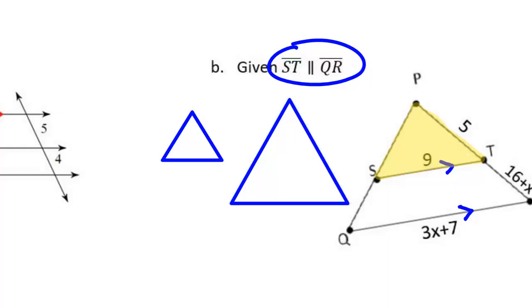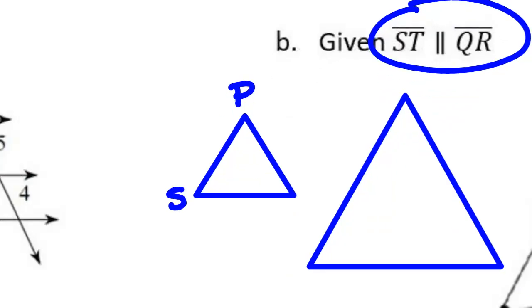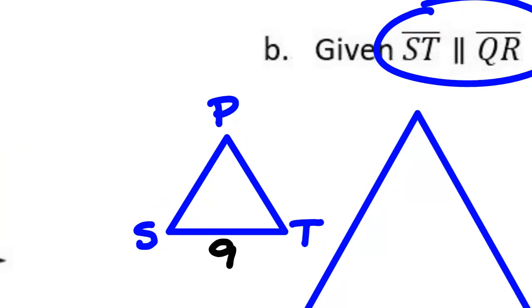So if I draw these two triangles off to the side, up at the very top here, this is P. For the little triangle, this is S, and this is T. ST has a length of 9, and PT has a length of 5.